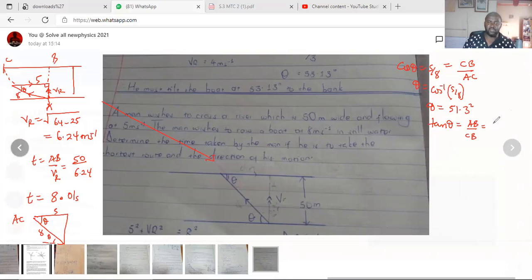AB is the width of the river, which is 50, out of CB, which I don't know. So CB can be got from 50 out of tan 51.3. And we get CB, 40.0320.